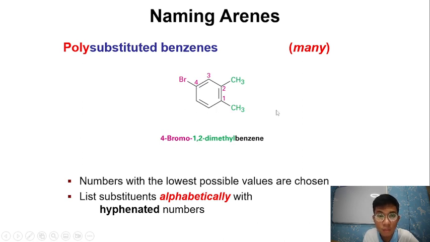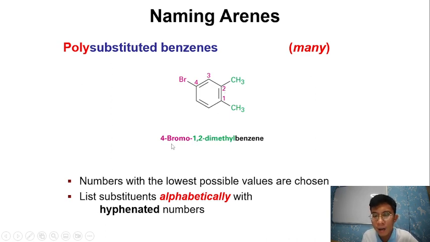So madaming possible na name niya, pero yun nga, the rule here, the way I remember it is if you have the same substituent, let's give it a lower number.